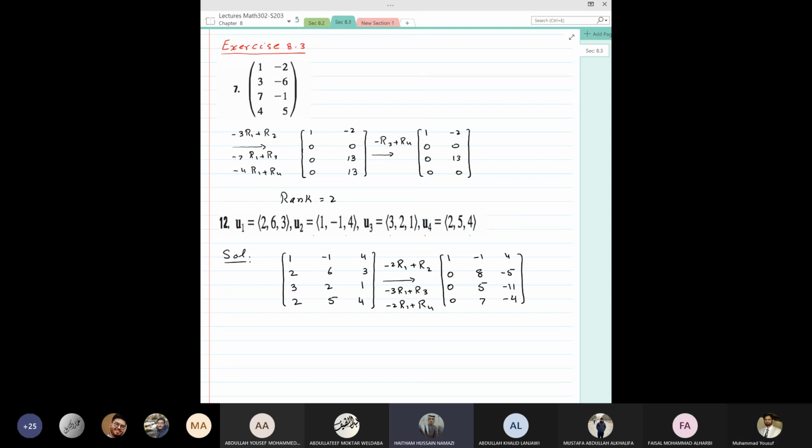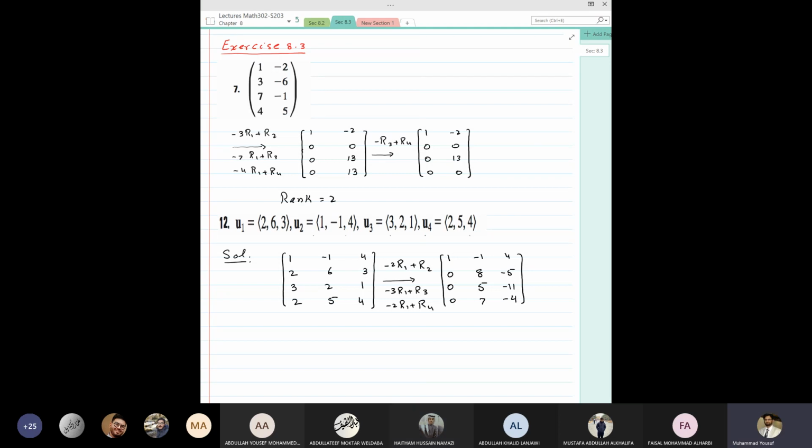Doctor, that means if one of the vectors is dependent, the whole matrix is dependent? These vectors are linearly dependent if we get a 0 row. If all the rows are non-zero, that is, there is some non-zero number in every row, then they are linearly independent.